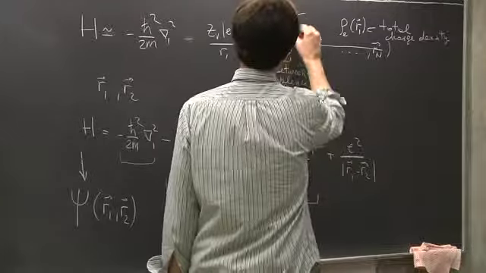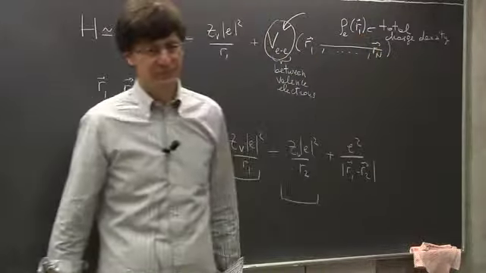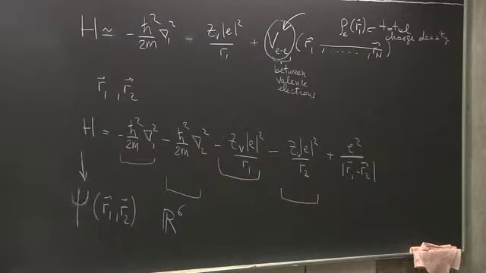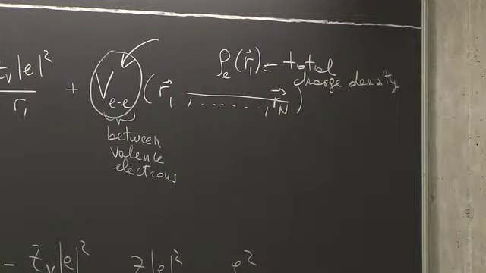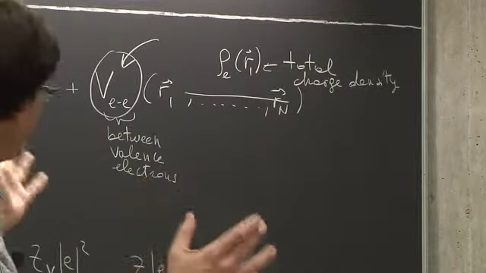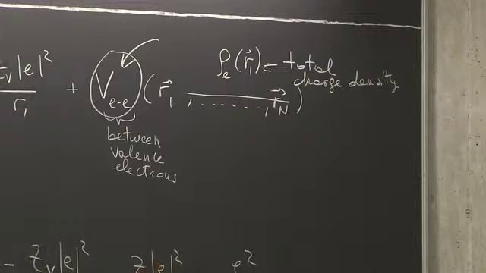We don't know what this function is when I replace it with rho. The theorem states that this function exists, and it's unique. It's somewhere there. But we don't know the shape. We don't know what this function is. And nobody knows what this function is. Not yet, at least. Okay?